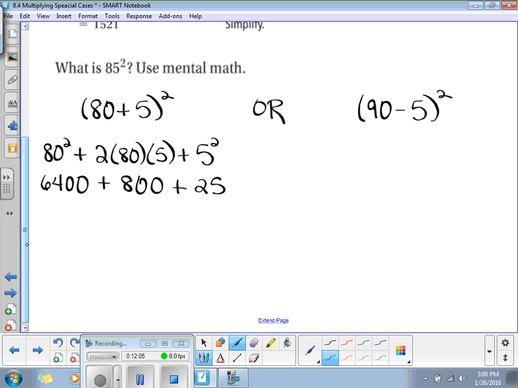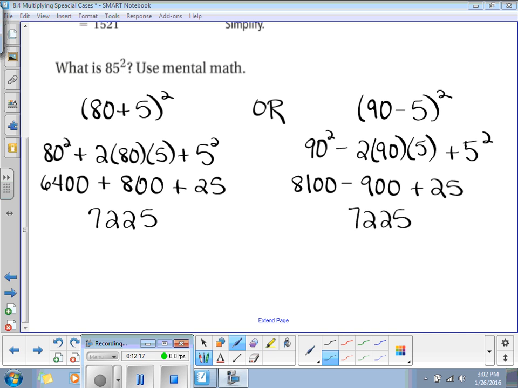So when we add this together, what are we going to get? So there's your final answer, right? You can do the same thing over here with the subtraction. So you can see both ways work. You can do plus in the binomial, or you can do subtraction in the binomial. You got it?